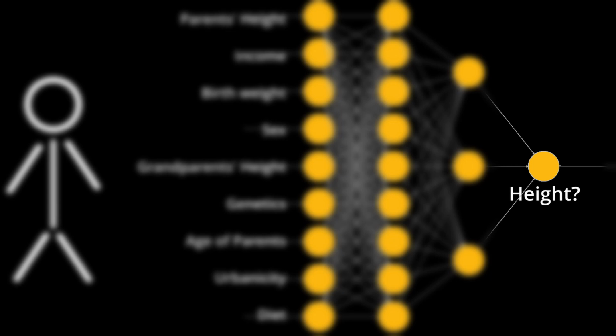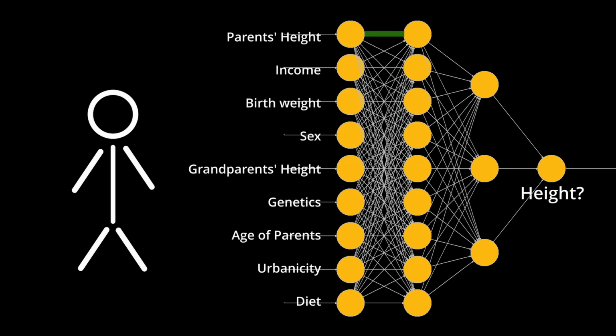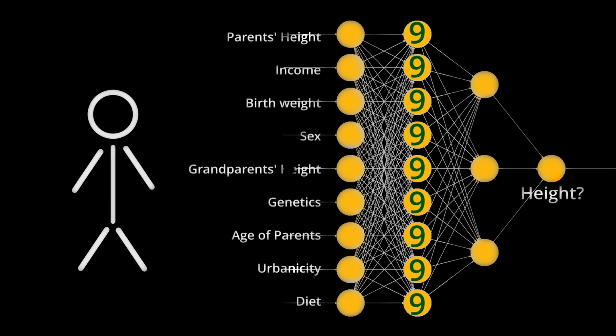You start out by transforming an input node, like a parent's height, and multiplying it by a number. You can think of the first transformation as a number that gets temporarily put in the first node of the first hidden layer. You repeat this process for each node in the next layer. This process then repeats for the next input node, and the next, and the next. At some point, you've transformed and multiplied each of the inputs for as many nodes as there are in the hidden layer.